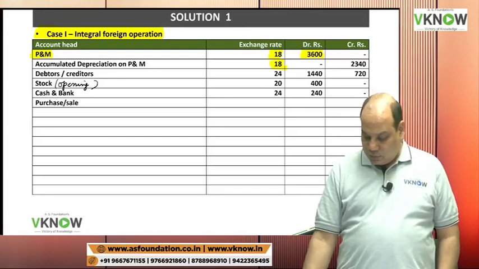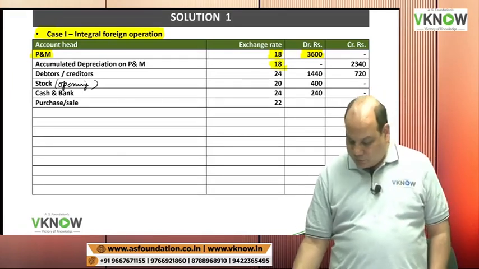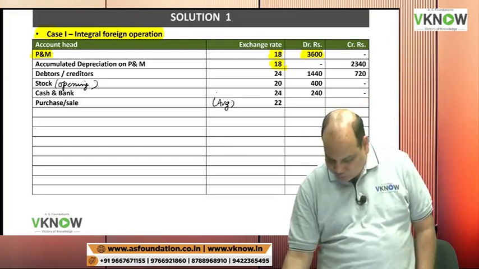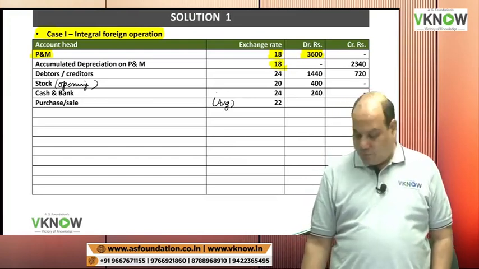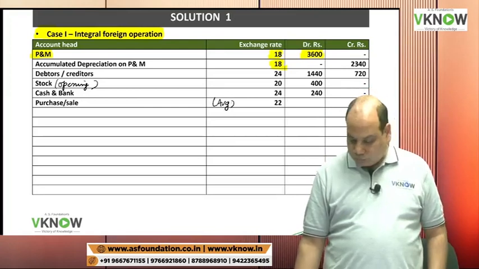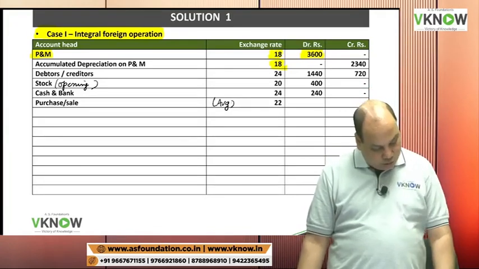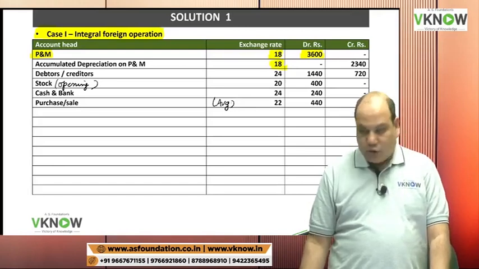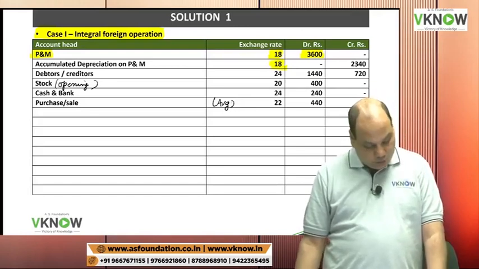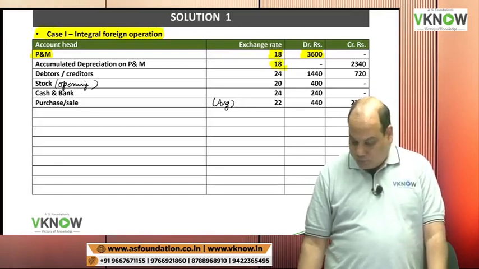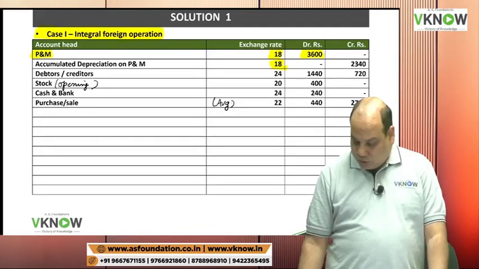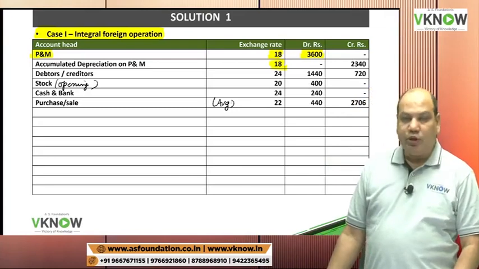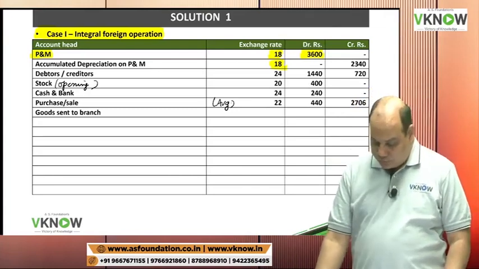Then purchase and sale at the average rate, 22. Purchase is 20, so 22 into 20 is 440. Sale is 123, so 123 into 22 is 2706.